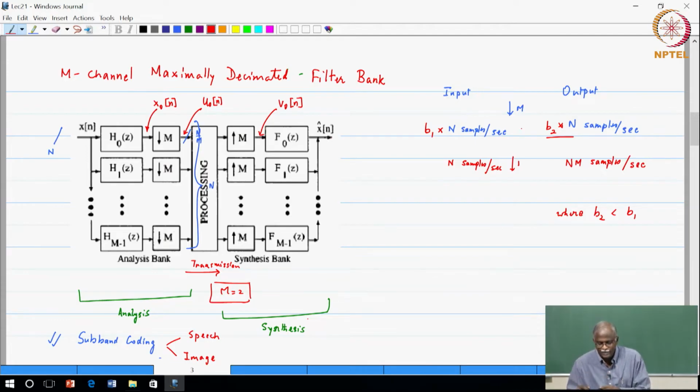Now, can I reduce it to less than n samples per second? If the original signal was sampled at Nyquist rate, that means you need n samples per second to represent the information. If you go anything lower than that, obviously, because this is the net rate, you will run into problems of representation.